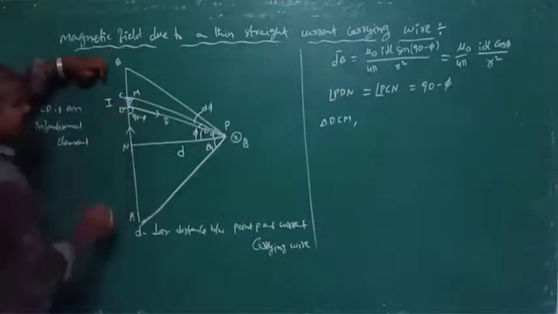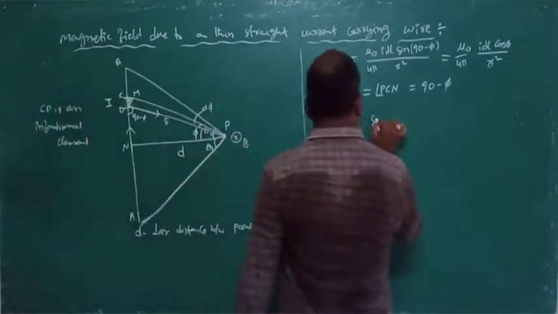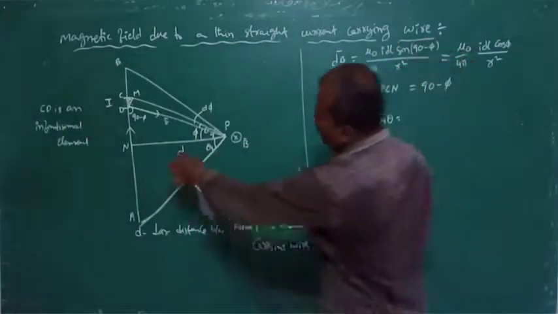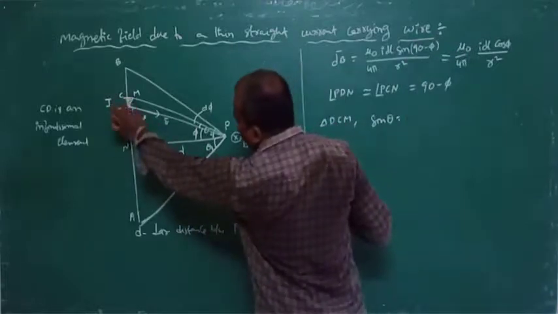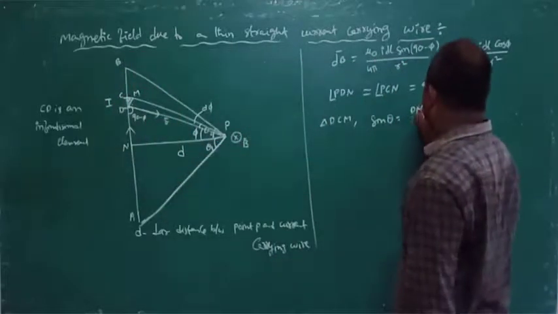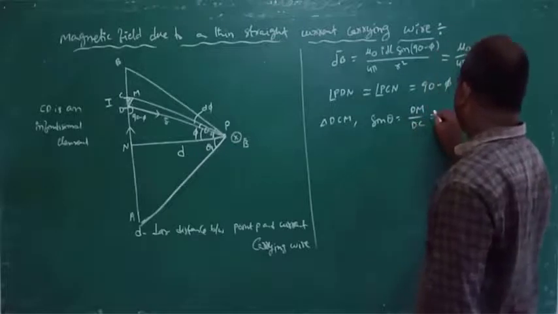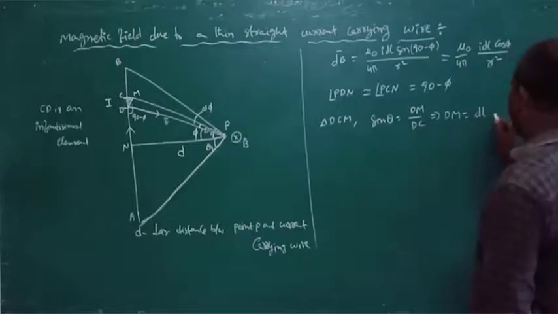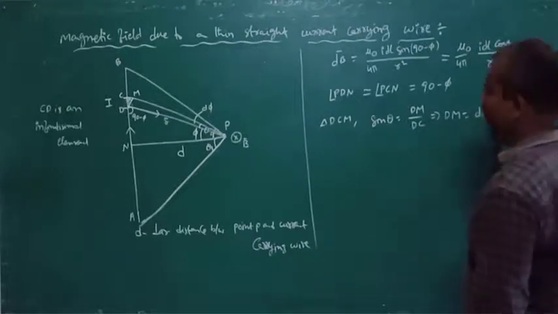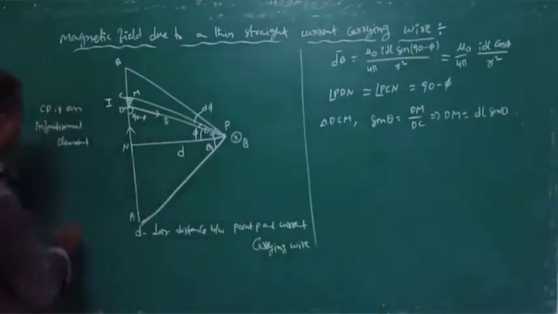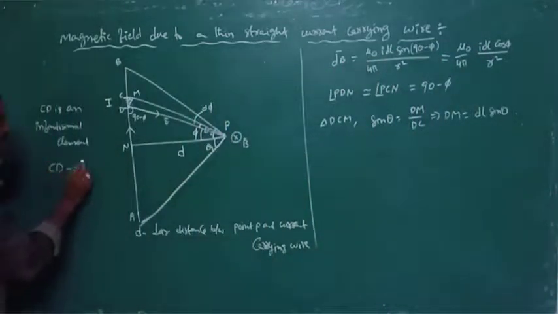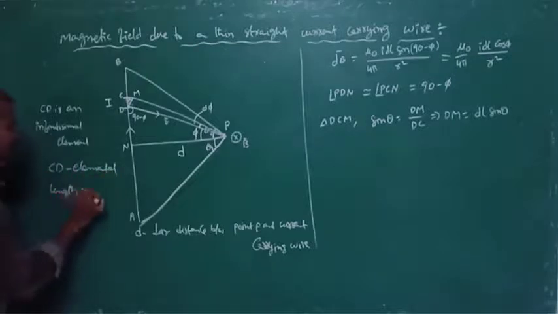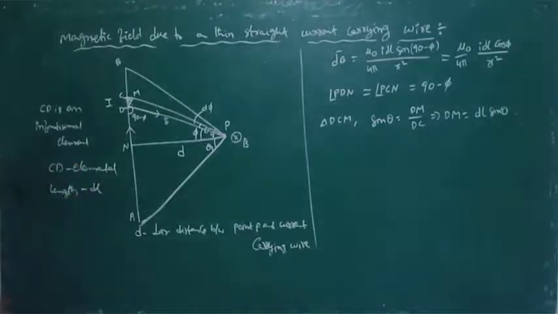Sin theta is equal to DM by DC. Therefore DM equals DC sin theta. DC, that is CD, is the elemental length, which is nothing but dl.